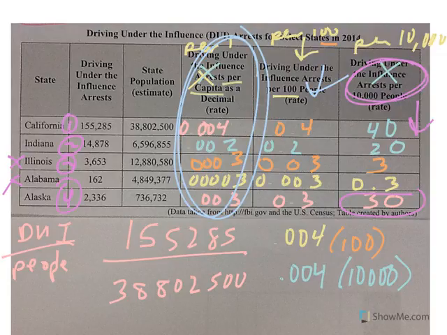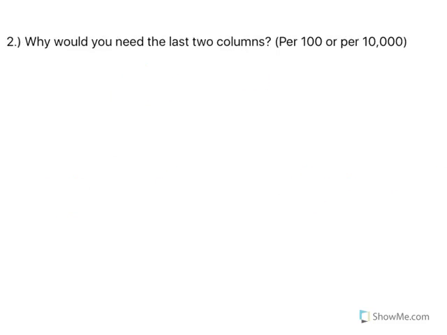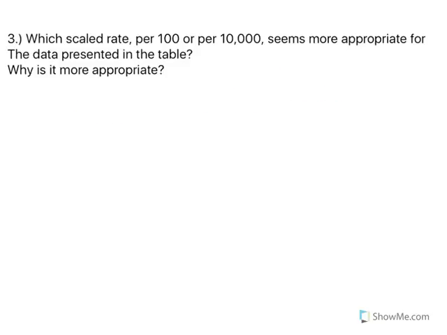But when you get to the times 10,000, it might be hard to think about 10,000 people, but I can picture a baseball stadium half full, maybe 20,000 people or something. Then you can see 40 people out of 10,000. Those are numbers that you can comprehend, whereas 0.4 out of 100, what does that really even mean? So the last 2 columns just work to get things into perspective. I think it's all about perspective. That's my personal opinion.